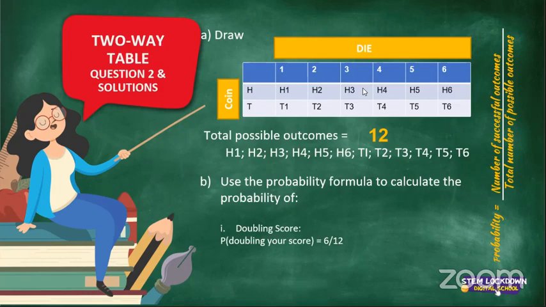So 6 over 12 would also give us 1 over 2, which is half. Half of our possible outcomes would double our score. And then this question is very easy. How many probabilities will there be for halving the score? The exact same. The other half, 6 over 12, 1 over 2.